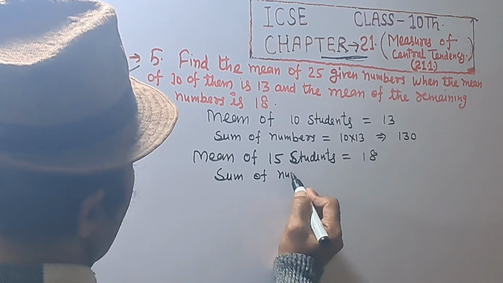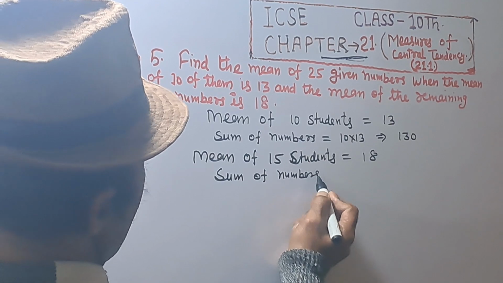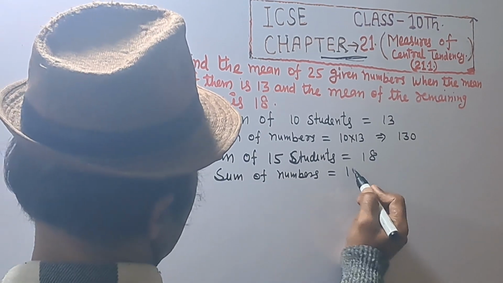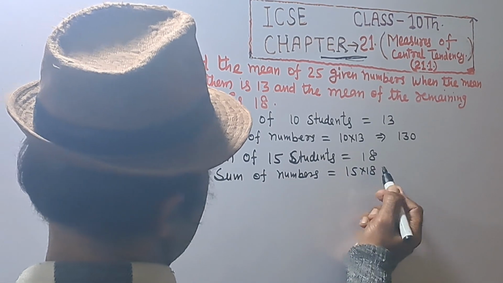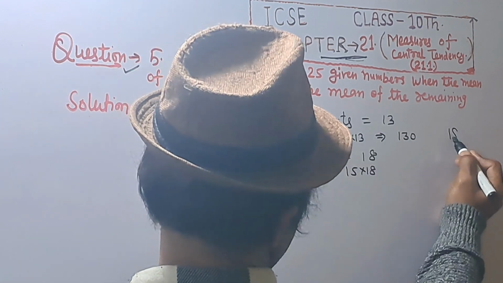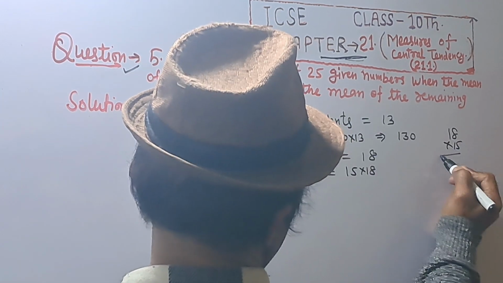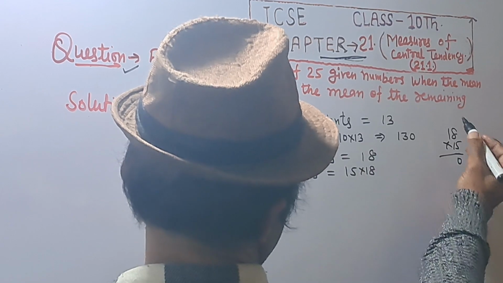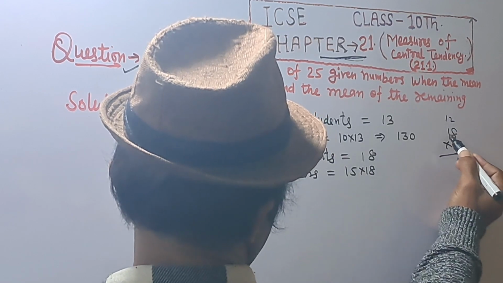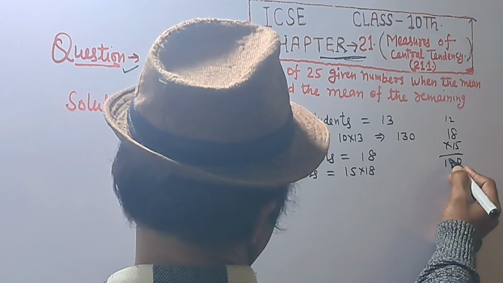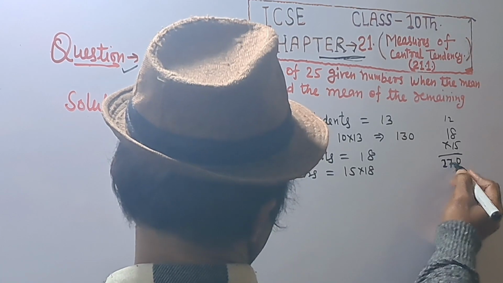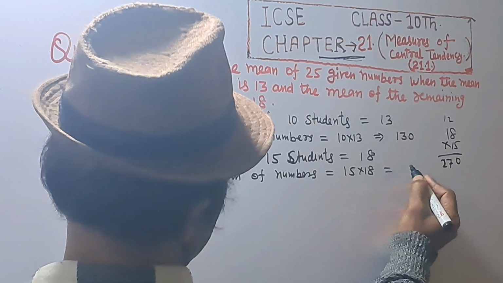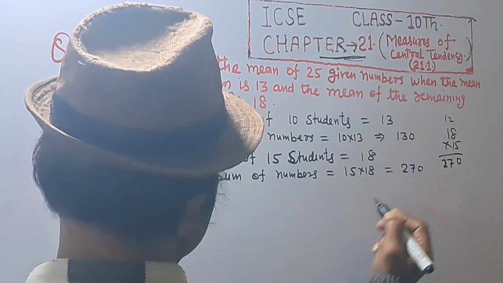Sum of numbers is equal to 15 multiplied by 18. 18 into 15, that is 15 8s are 120, 12 carry. 15 1s are 15 plus 12, 27. That is 270.